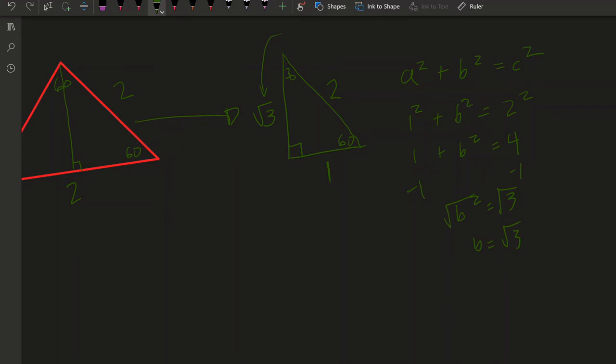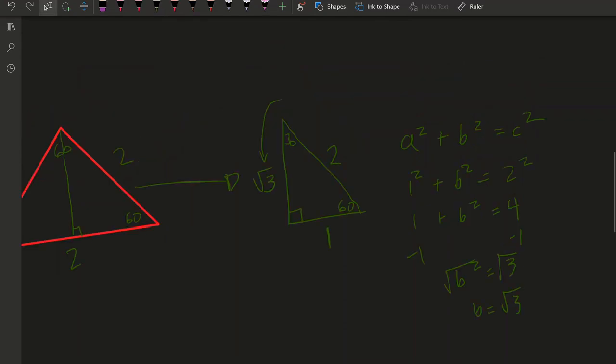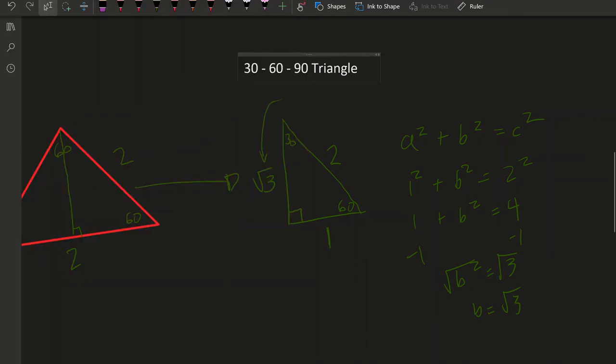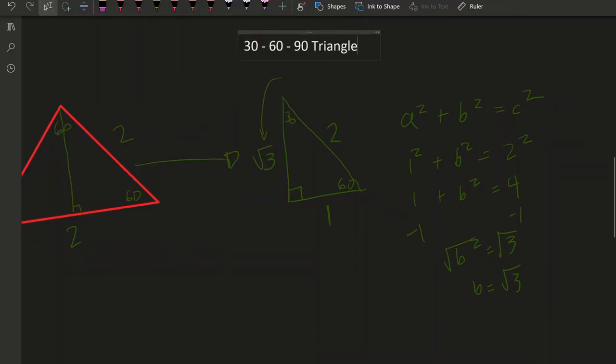Now, you can probably guess what this one is called. This is a 30, 60, 90 triangle. So in a 30, 60, 90 triangle, we still have 2 different legs, but this time we have the short leg, we have the long leg, and then we have the hypotenuse.